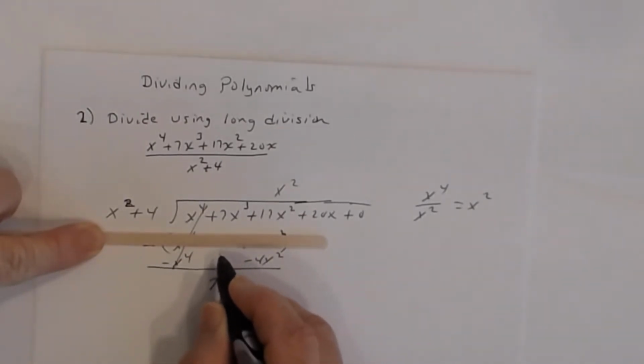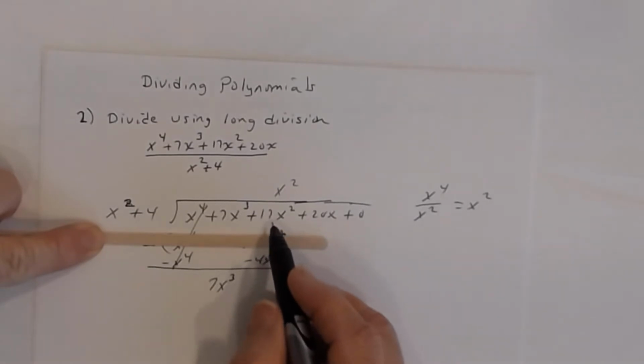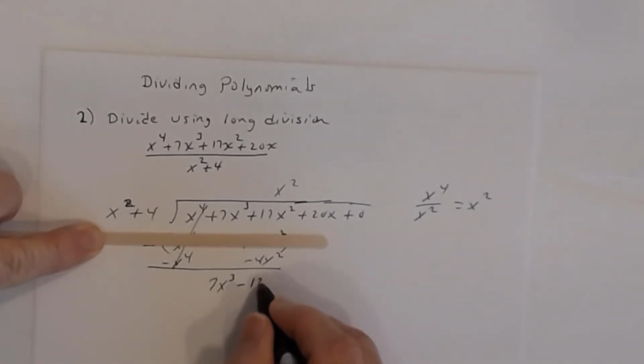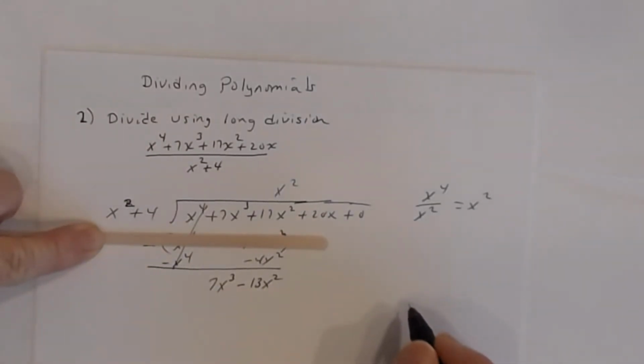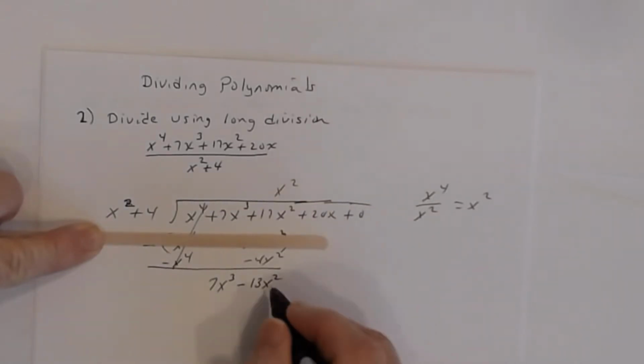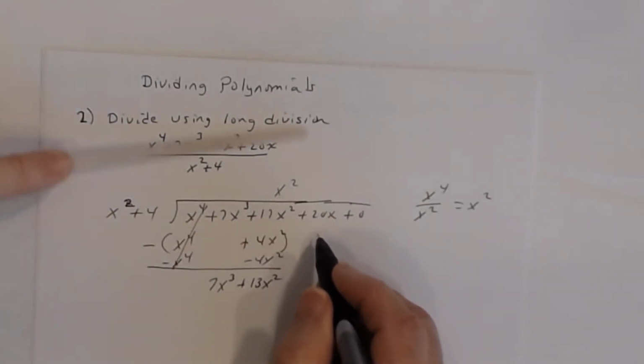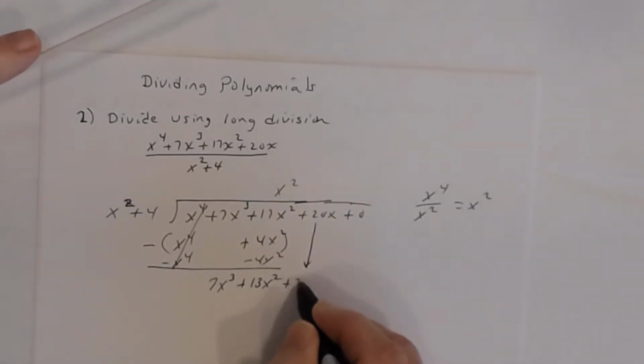You can think of that as a 0 if you want to. That's 17, so 17x squared and a negative 4x squared is a negative 13x squared. I'm sorry, positive 13x squared. Then we're going to bring down the next term, plus 20x.